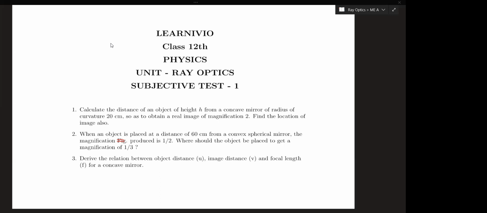Zen, are you there on the WhatsApp group? Okay, then after you've completed the paper, click pictures of your sheets, convert them into a PDF and upload it on the WhatsApp. I'll take your paper from the group only, check it and share the answer with you.